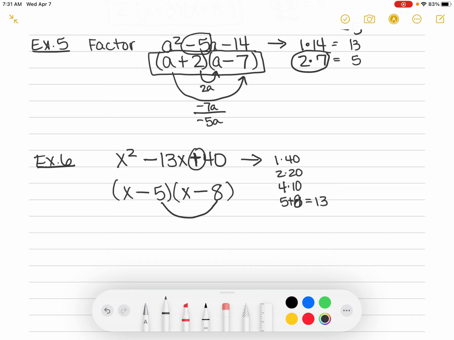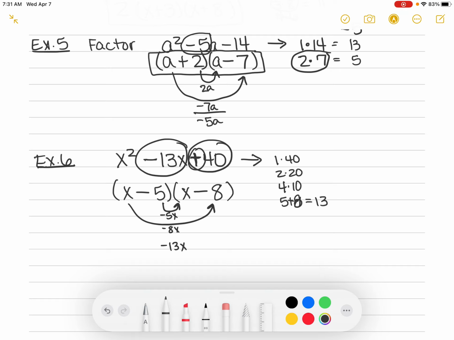So see how at the end that's going to give you a negative 5 times a negative 8 gives you a positive 40. Okay, but if I added those two, so if I did the middle ones like this and I added those two, I get a negative 13x, which is what's here. So you have to be able to multiply those two to get the last one and add or subtract them to get the middle one.